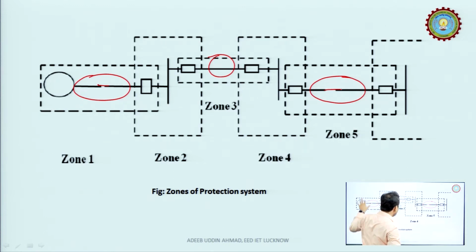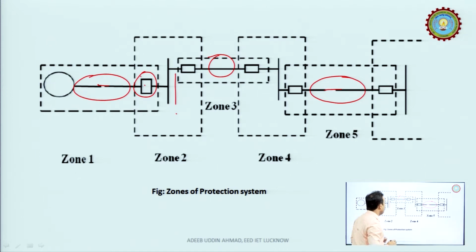This whole power system is divided into several zones, like this zone 1. Zone 1 consists of the generator, the transmission lines, the transformers and other auxiliary equipment connected through a bus bar, and this zone is connected to the rest of the system through this circuit breaker.